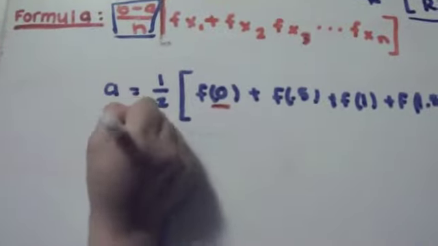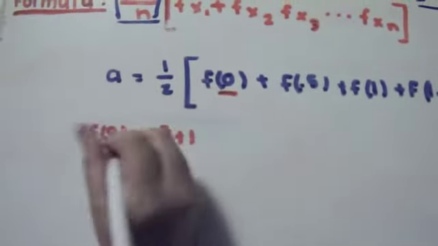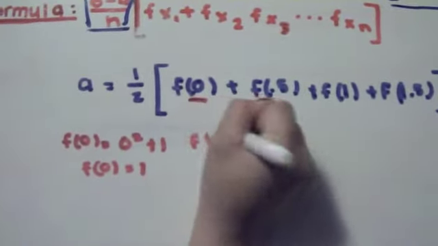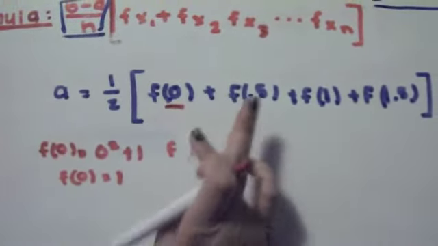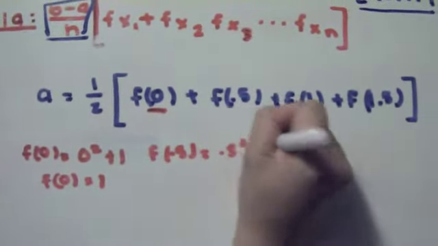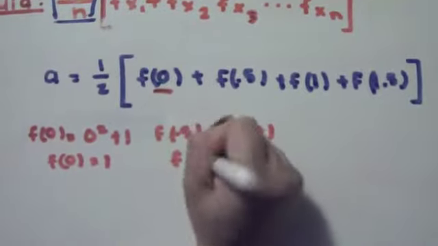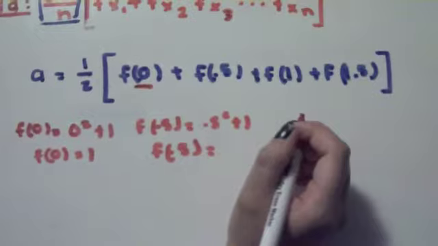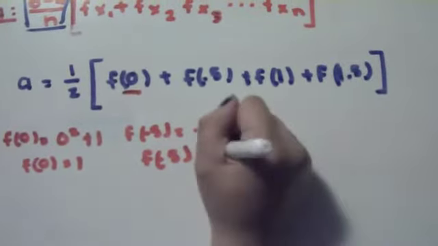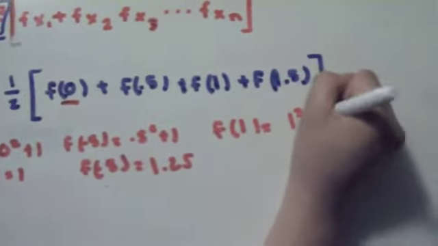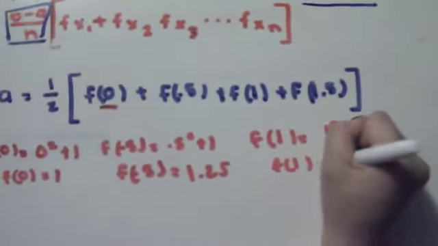So f of 0 equals 0 squared plus 1, so f of 0 equals 1. f of 0.5 is equal to 0.5 squared plus 1, so f of 0.5 is equal to 1.25. f of 1 is equal to 1 squared plus 1, so f of 1 is equal to 2.